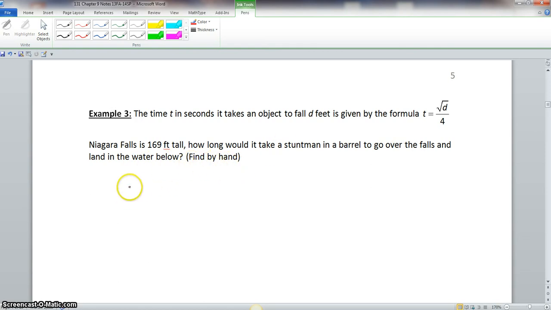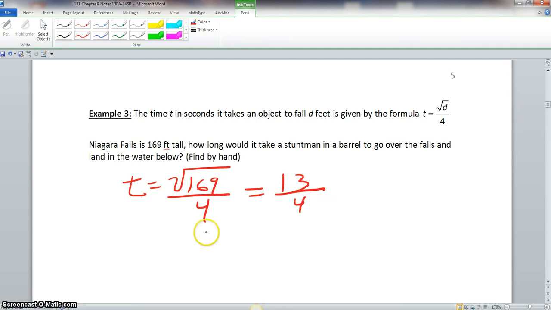Find by hand. So we have t is equal to the square root of, we know d stands for the feet, which we are told is 169, all divided by 4. Now, the square root of 169 we know is 13. And 13 divided by 4 will give us 3.25 seconds.